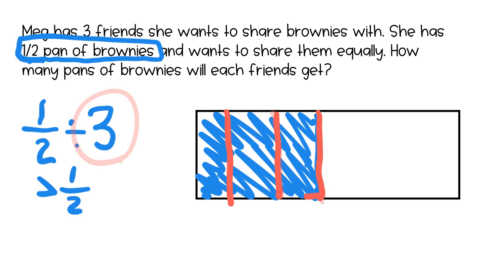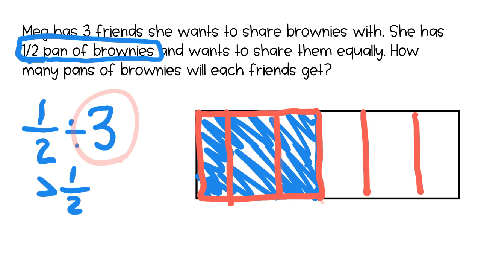So now we have this in 3 equal parts. We still have our original whole, which is a whole pan of brownies. Now let's go ahead and split the rest of our pan of brownies into 3 equal parts. So now our whole is our whole pan of brownies.